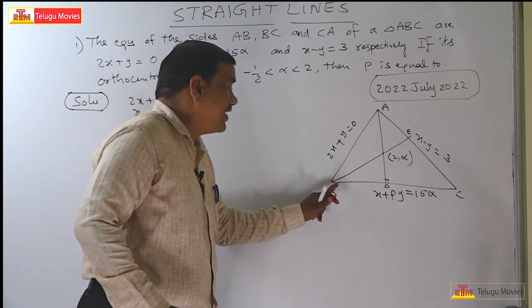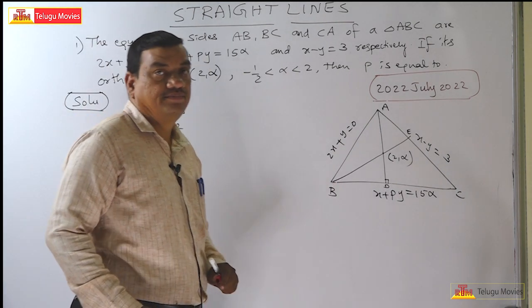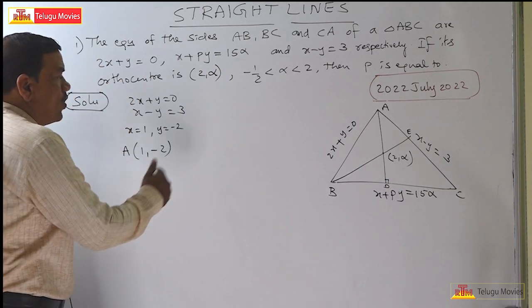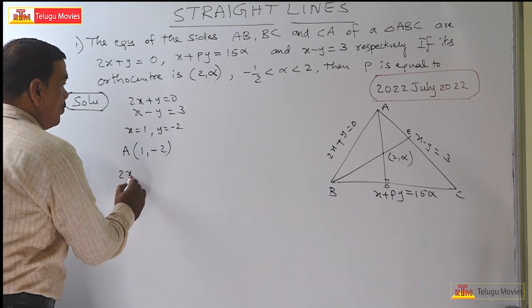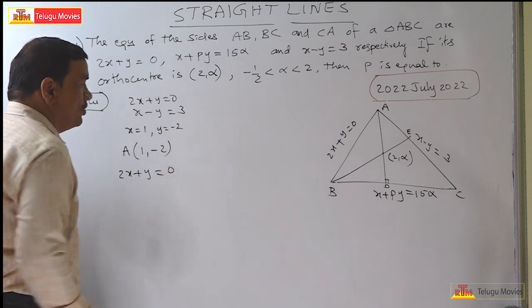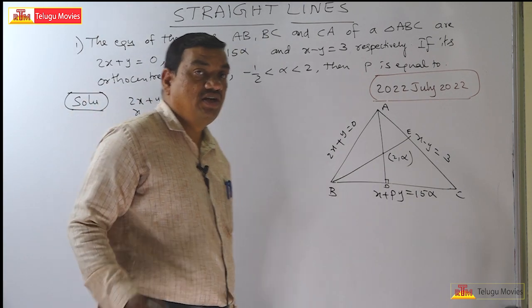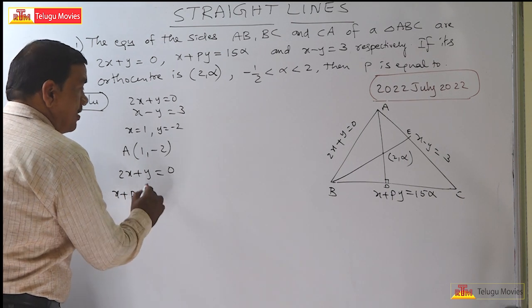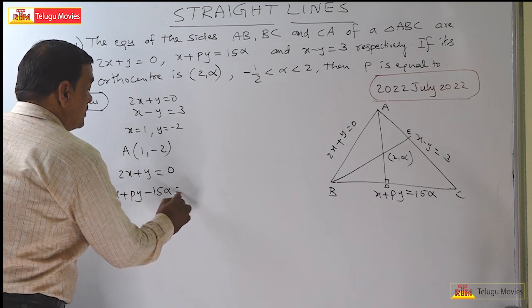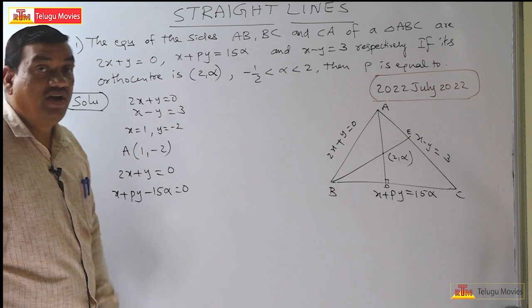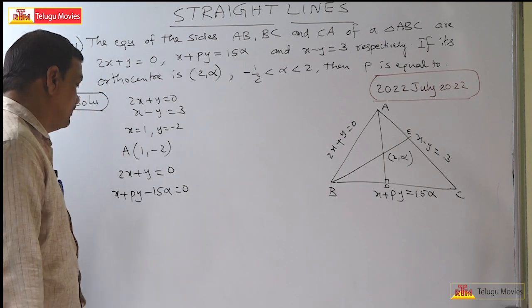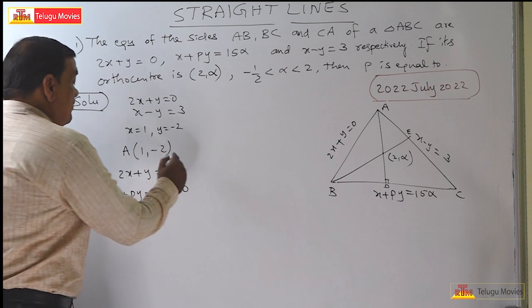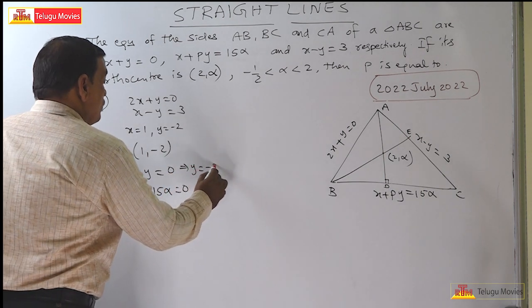Now let us find the coordinates of B. Let us solve 2x plus y is equal to 0 with x plus py minus 15 alpha is equal to 0. From the first, y is equal to minus 2x.